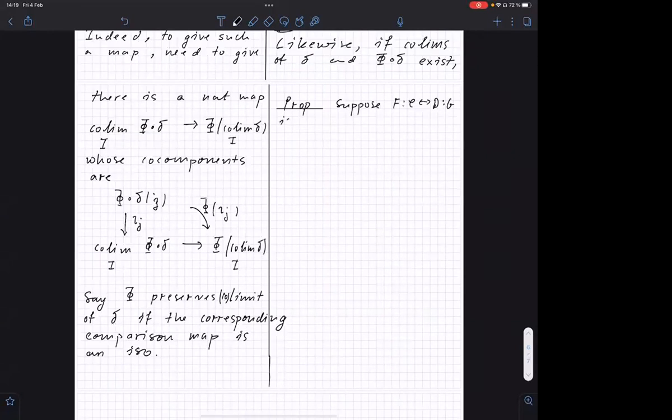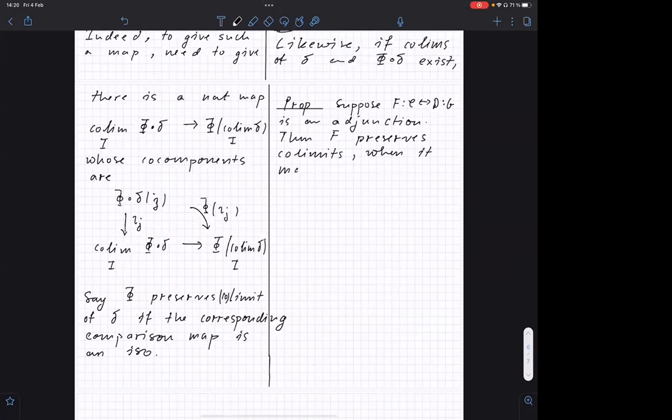So suppose this is an adjunction. Then F, the left adjoint, preserves colimits whenever they exist on both sides. Whenever that makes sense.